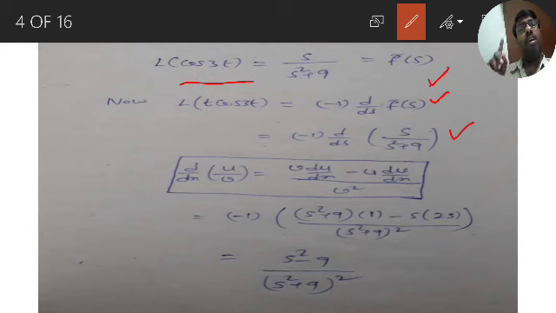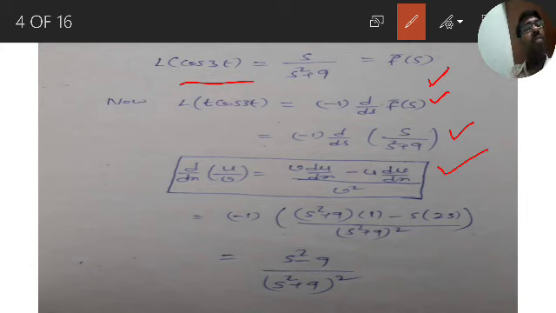D by dx of u by v is equal to, what is the quotient rule in differentiation? You have to start with the denominator: v into derivative of u minus u into derivative of v, by v square. Are you getting? Now just apply.